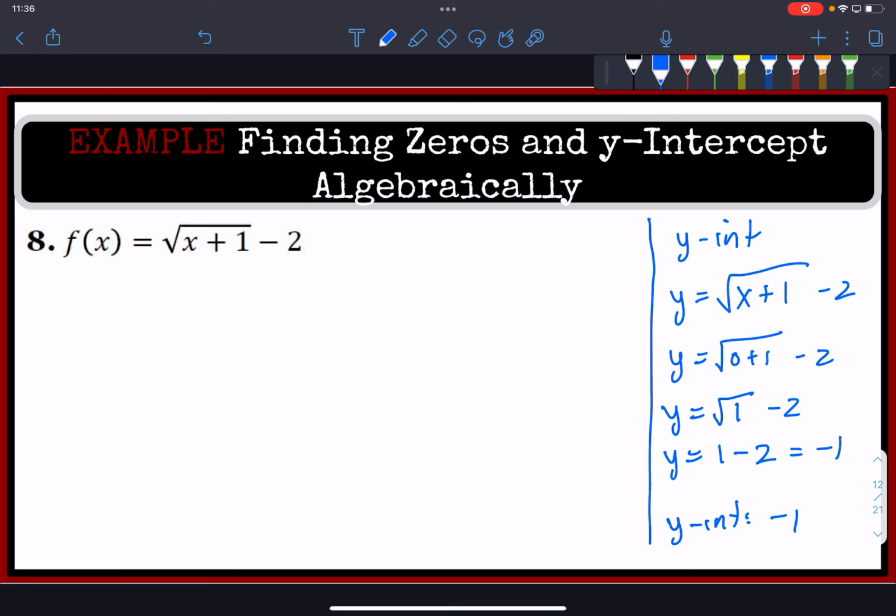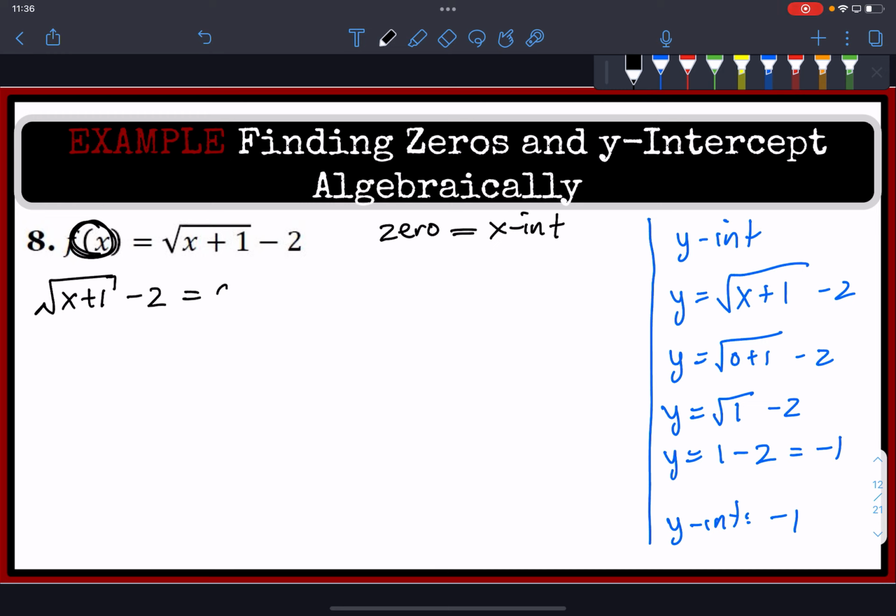Now to find the x-intercept, aka our 0, we're going to simply replace the y value with 0. So that means the square root of x plus 1 minus the 2 is going to be set equal to 0. And then solving for this, we would start by adding 2 to both sides, so we can isolate the square root.